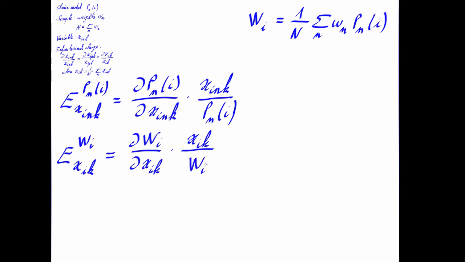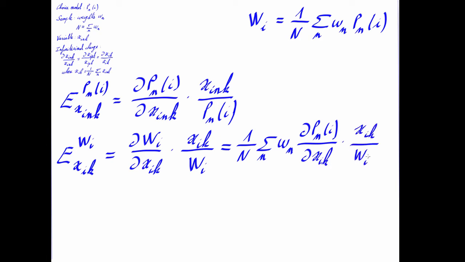Using the definition of W_i, we can calculate this aggregate elasticity as 1 over N times the sum over n of w_n, the partial derivative of the choice model with respect to x_ik, times x_ik divided by W_i. This result has been obtained by calculating the partial derivative of W_i with respect to x_ik using the definition of W_i.